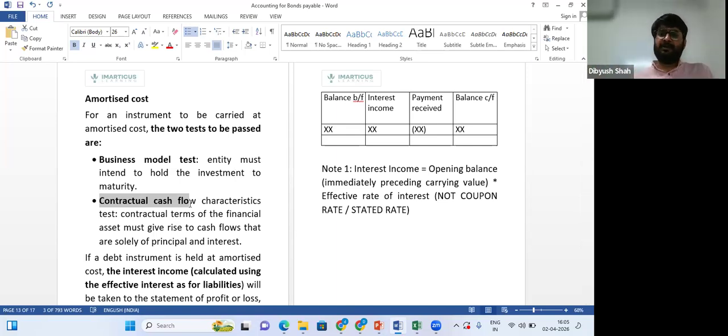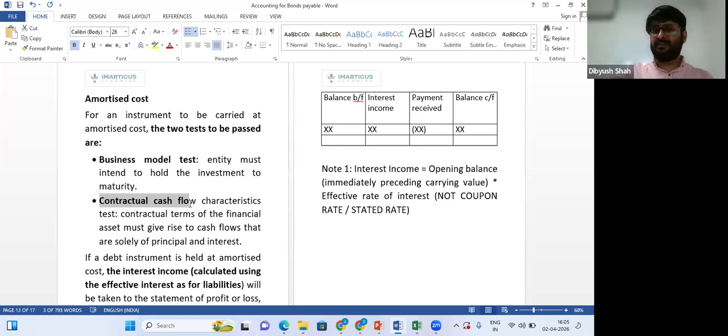Now just remember, if a debt instrument is held at amortized cost, the interest income, because for the company it's a liability to the borrower, for an investor it's an income, will be calculated using the effective interest method, and that will be taken to SOPL.